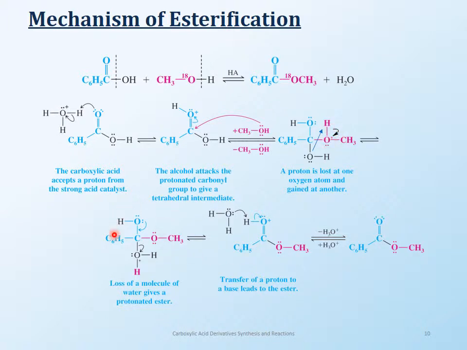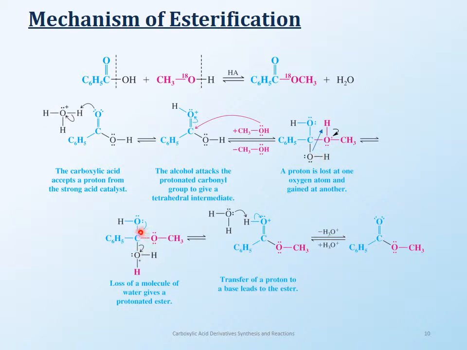So this is how you get this species over here, in which case now this one is deprotonated. However, this OH now is protonated. So now you can see where the water is going to be coming out of. The water is not coming from this oxygen, but the water is coming from this oxygen, which is what we said over here. And so this is how it gets protonated.